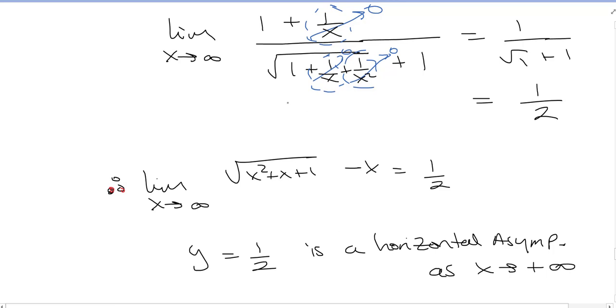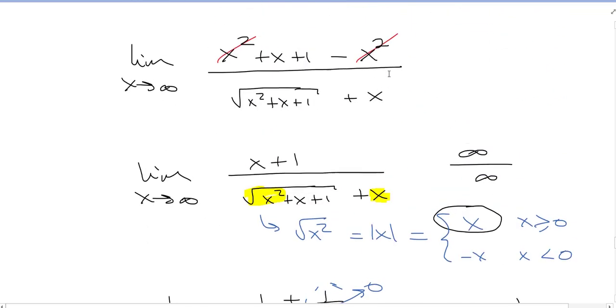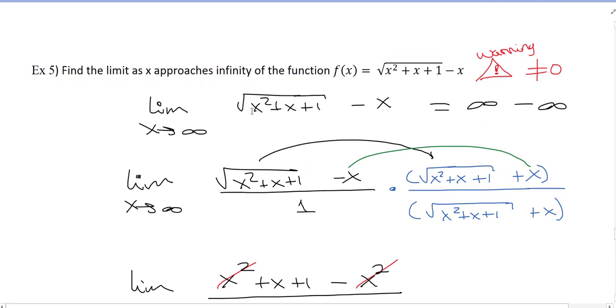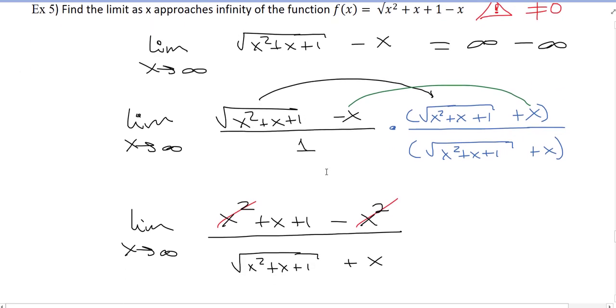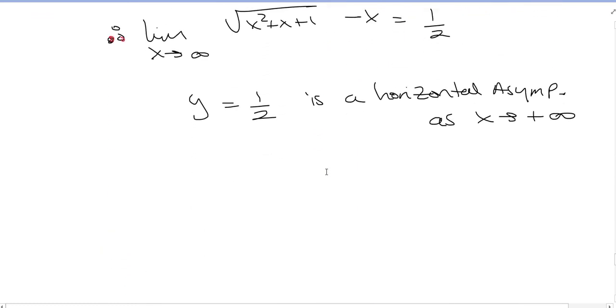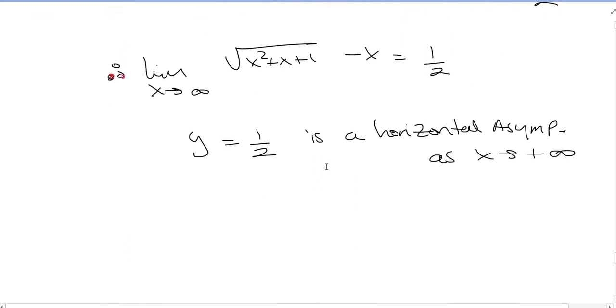It will be interesting to know what happens as x goes to negative infinity. But we probably actually can't go to negative infinity because it's not in the domain of the function. We're taking the square root of stuff. So, all right, let's go on to the other examples.